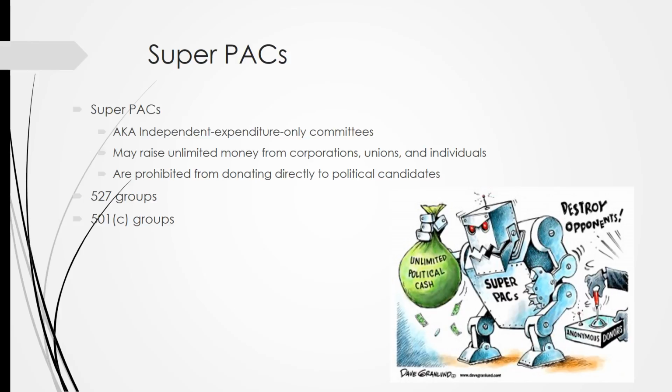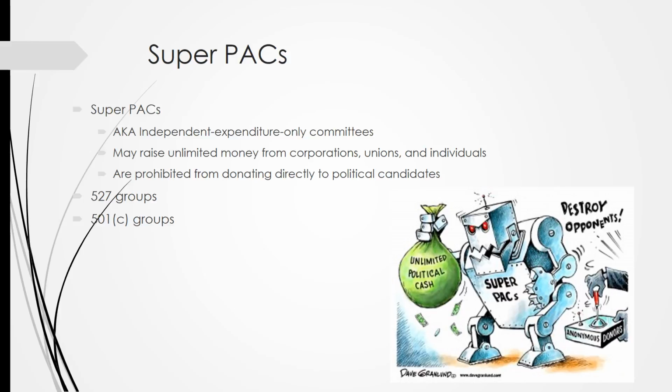Whereas with the super PAC, the corporation or the union not only can create the super PAC, they also can give money to it. So Walmart, Apple, Google, IBM, massive corporations, Wall Street banks, they can give money to a super PAC, whereas they could not give money to a regular PAC. So that's one main difference.